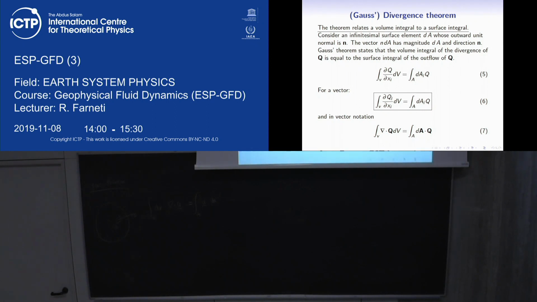That's equivalent. You call that symbol the tilde. So we need that symbol. No, that was correct, it's like this. It's the vector dA, because then you can write it in vector form.